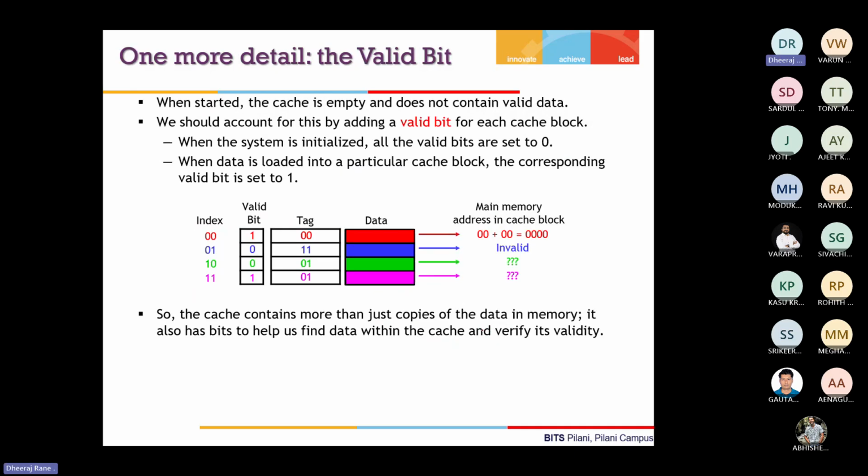This is the smallest thing we can have. Apart from that, there is one more bit that is sometimes added to the cache by the processor manufacturer, known as the valid bit.